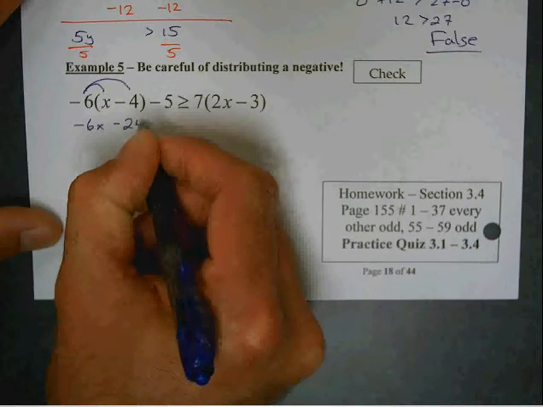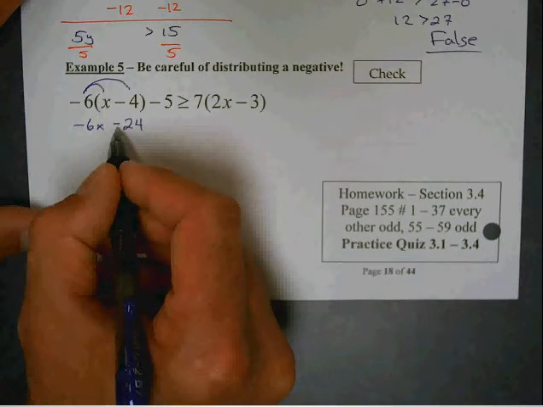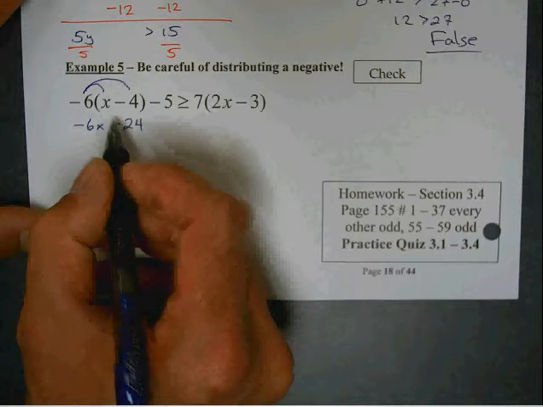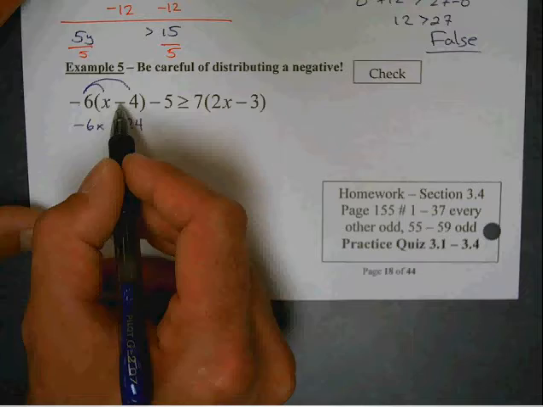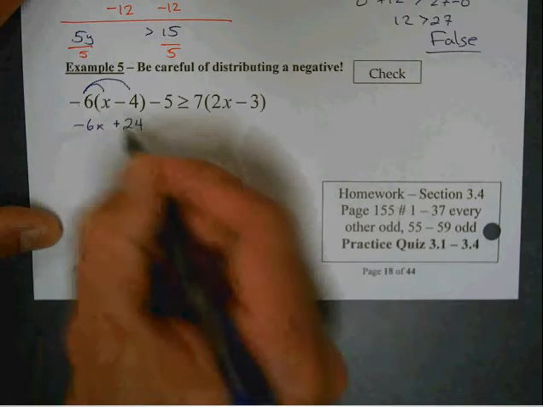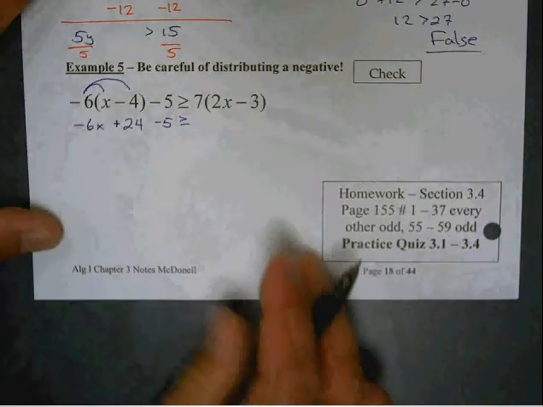Do you guys agree so far? Should that be a minus? Why should it be a plus? See this minus here and that minus there? A minus times a minus, once again, is a plus. Okay? Minus 5. Distribute the other one for me, Jalan.